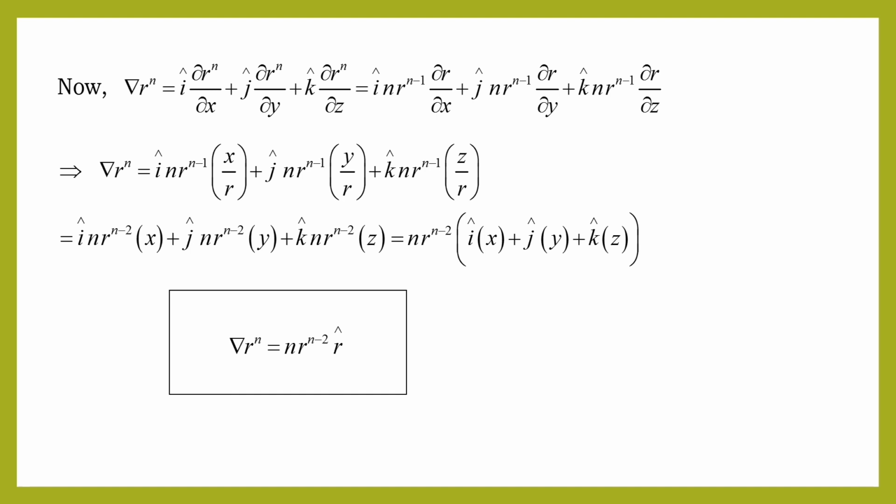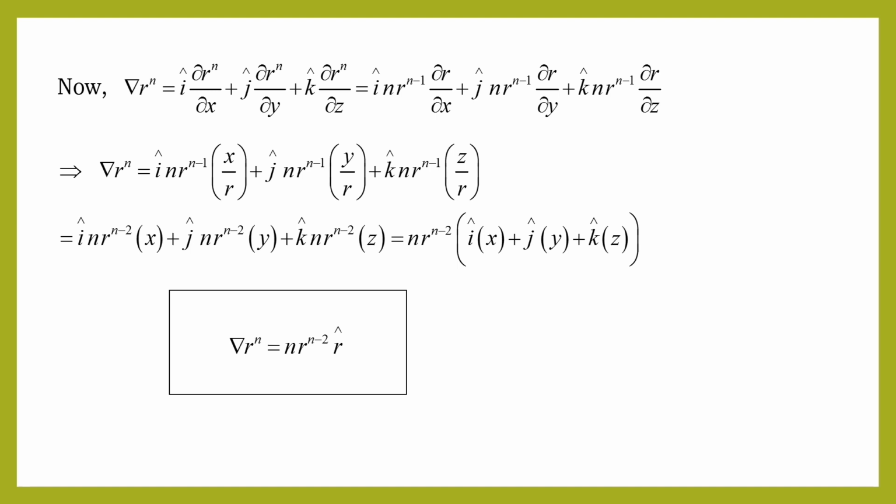If we cancel r power n minus 1 in the numerator with small r in the denominator, then we get del r power n equals i cap n r power n minus 2 x plus j cap n r power n minus 2 y plus k cap n r power n minus 2 z.